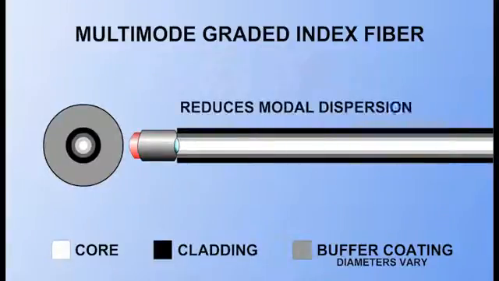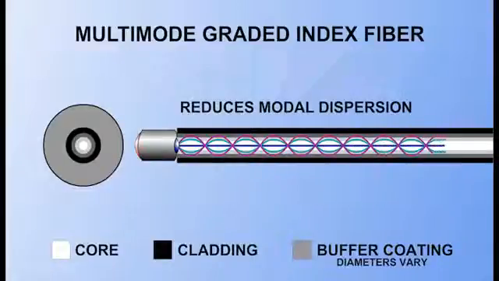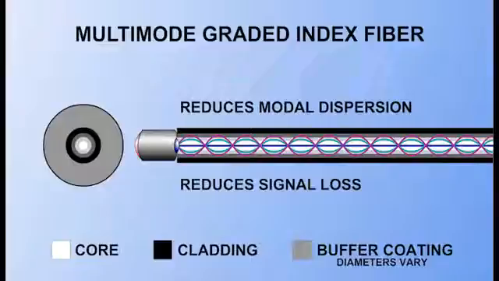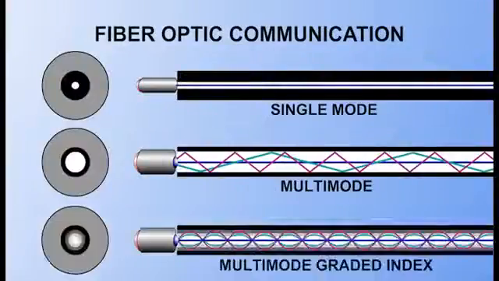Therefore, this design reduces modal dispersion by allowing light waves in the outer regions of the core to travel faster than those in the center of the core, causing them to reach their destination simultaneously. This reduces signal loss.